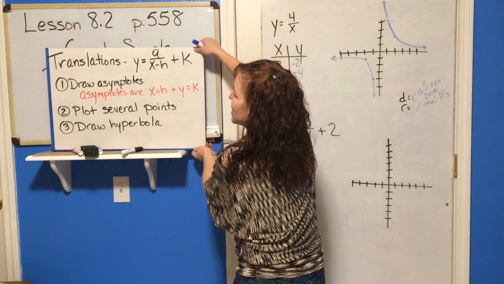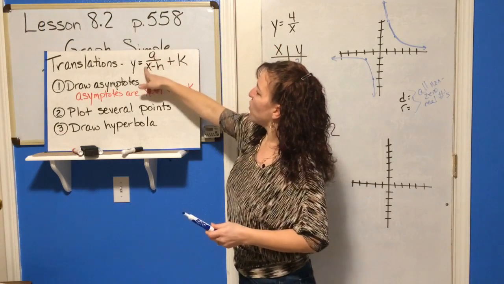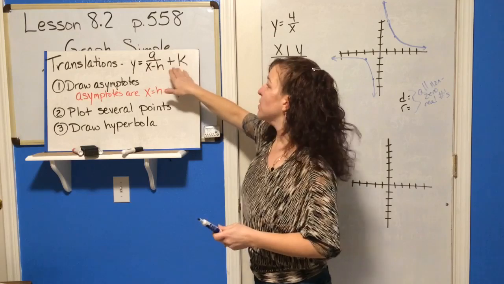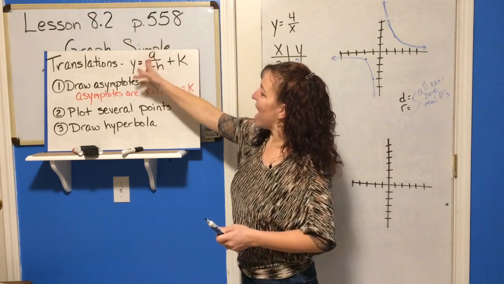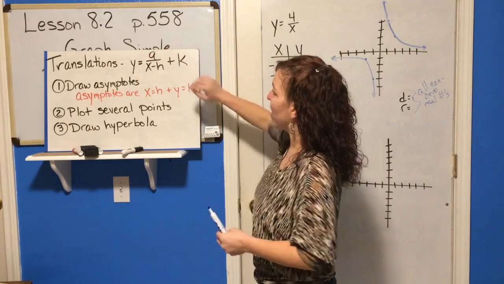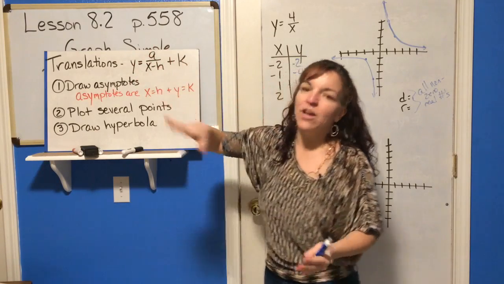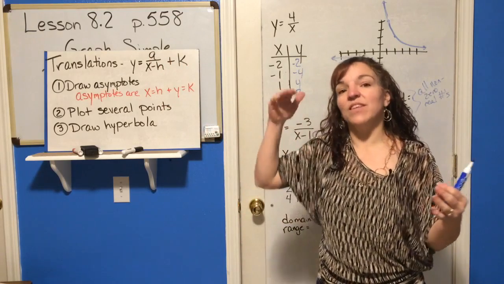Translations are what's next. What if we have some number a over x minus h, plus k? So in this case, a over x is still the parent graph. That's still the main part that we're talking about. And of course, the h and the k are going to shift our graph to the right or left, and then up and down.